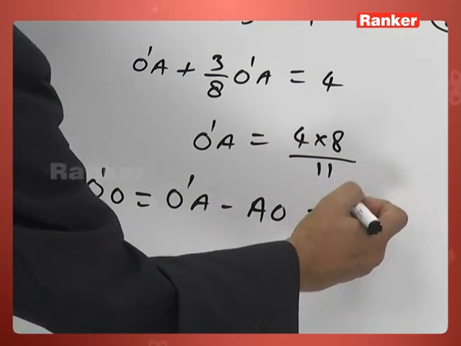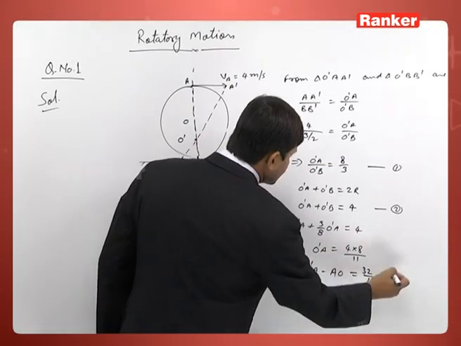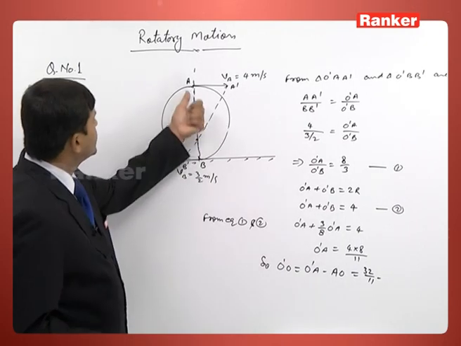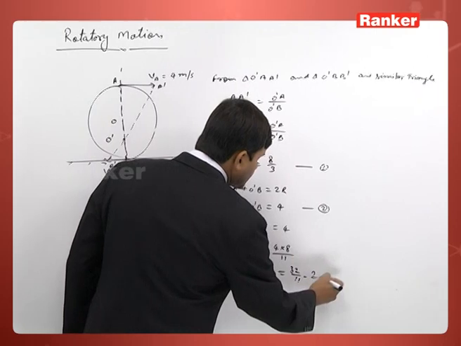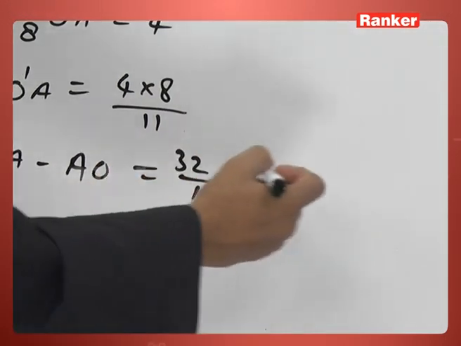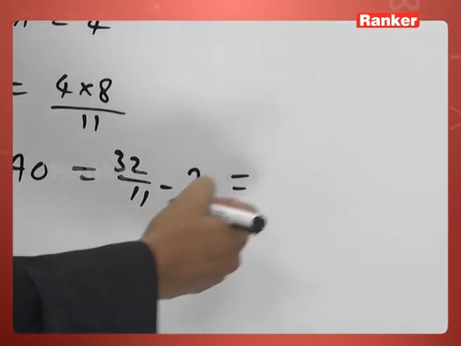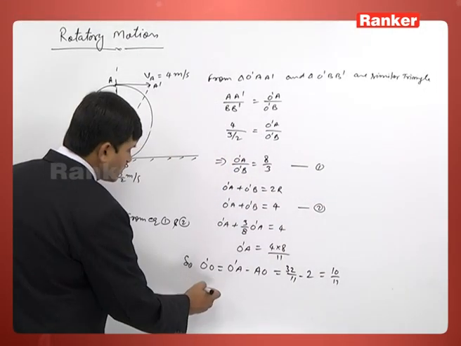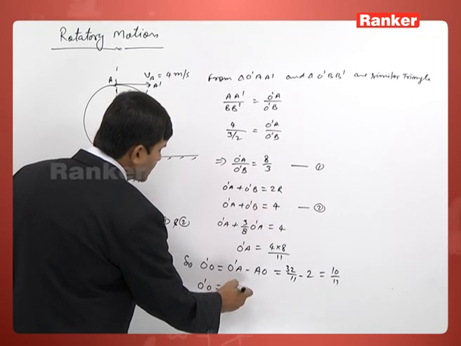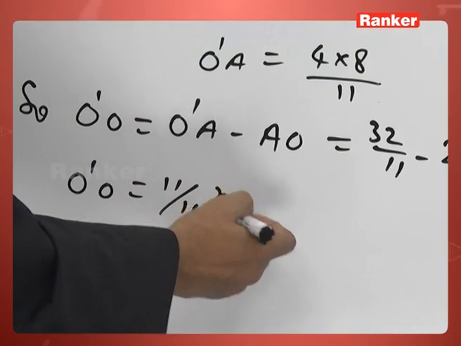O dash A is 32 by 11 minus AO, which is equal to the radius, which is 2. So 32 minus 22 gives 10 by 11. So O dash O is 10 by 11 meter.